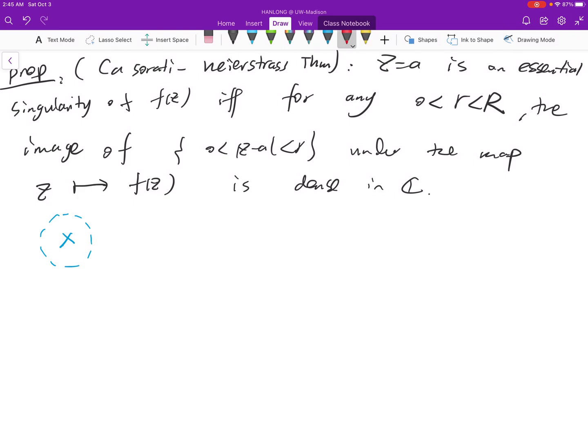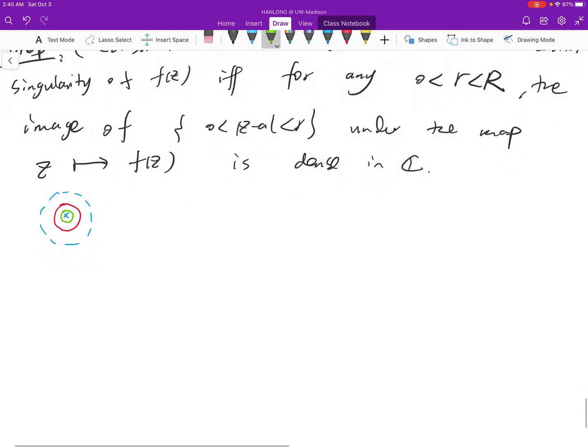That means no matter how small the subdisk you choose, when you map it to the domain C, it gives you a dense set.